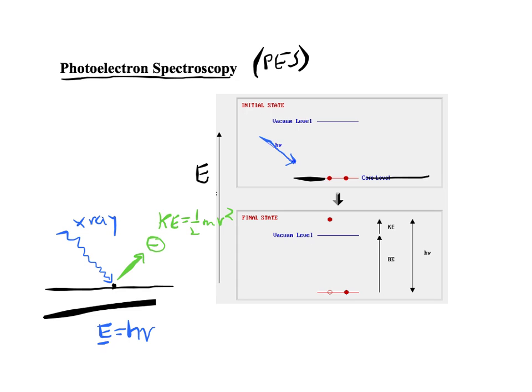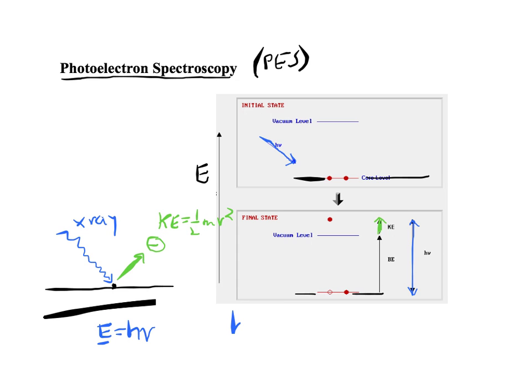If we look in the final state here, one of those electrons is now at a higher energy state, because that electron has been ejected. It is now moving with a certain amount of kinetic energy, which the height of this arrow represents. And we know the total amount of energy we started with because we know the frequency of the X-ray.